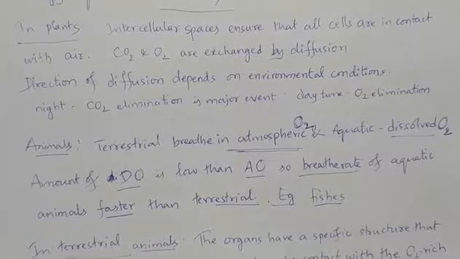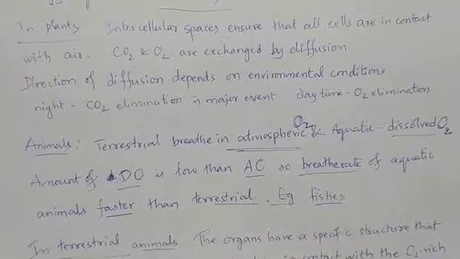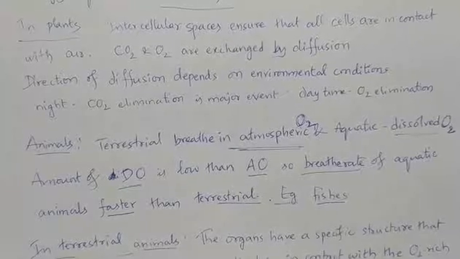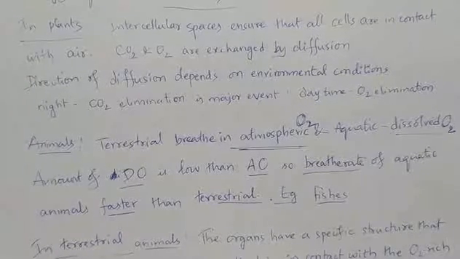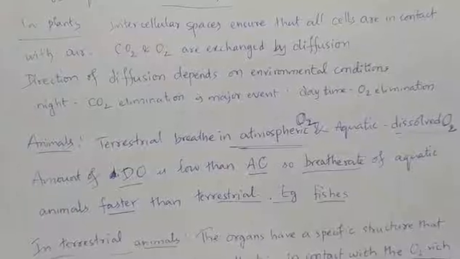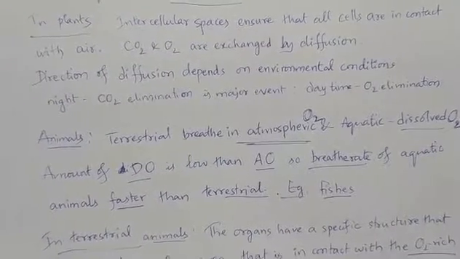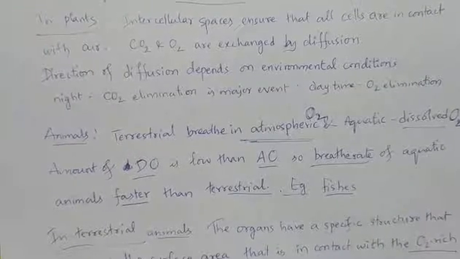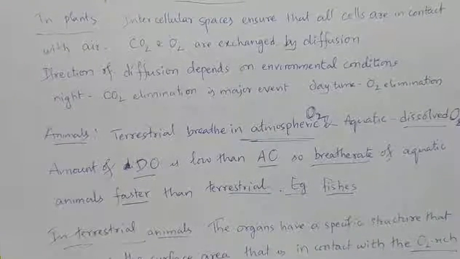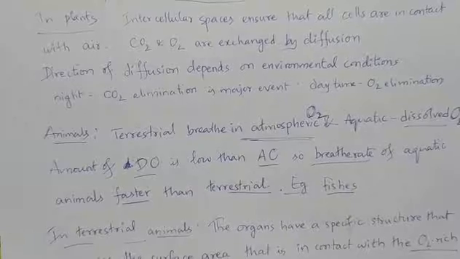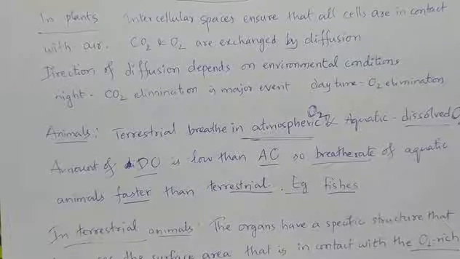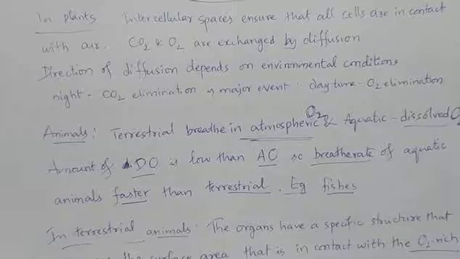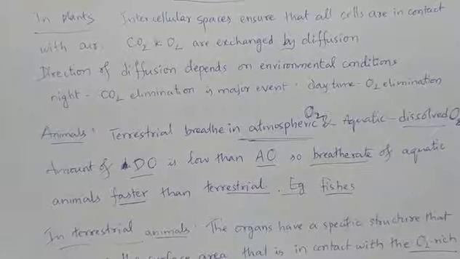These intercellular spaces ensure that all cells are in contact with air. The CO2 and O2 are exchanged by diffusion only in plants. So, though plants are complex multicellular organisms, and though they do not have any respiratory organs, the air can enter inside the cells due to the presence of large intercellular spaces.